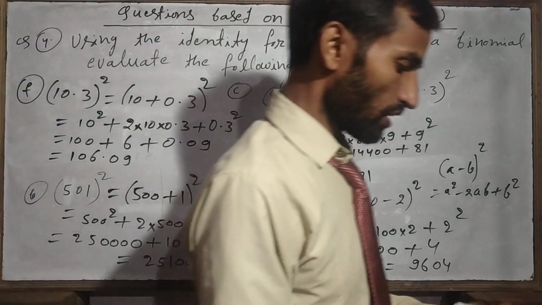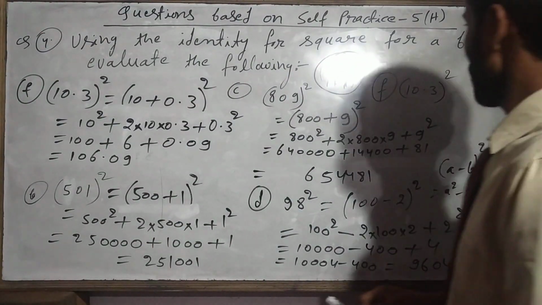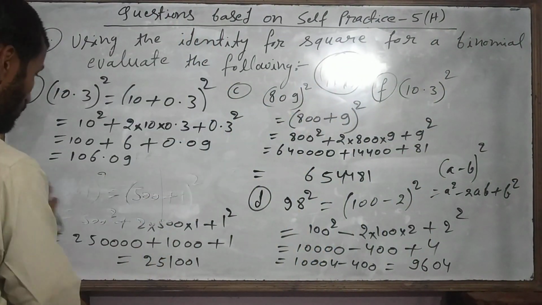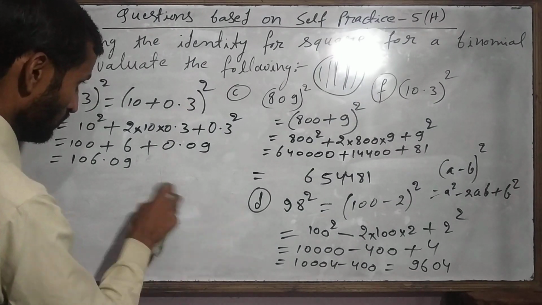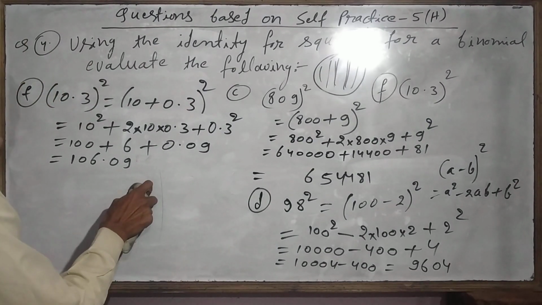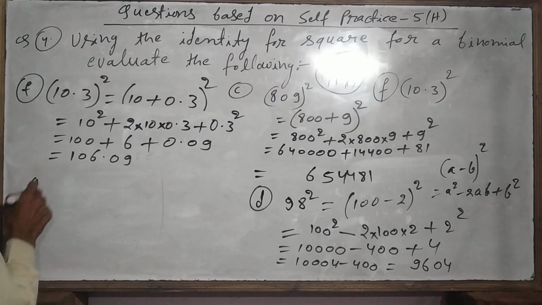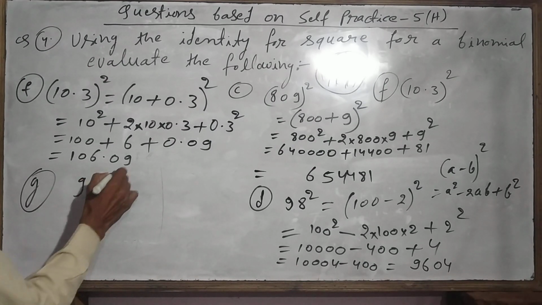This is the final answer. Okay, next one, more questions are there. Now I will write. Next part is G, means 9.8 square is there.